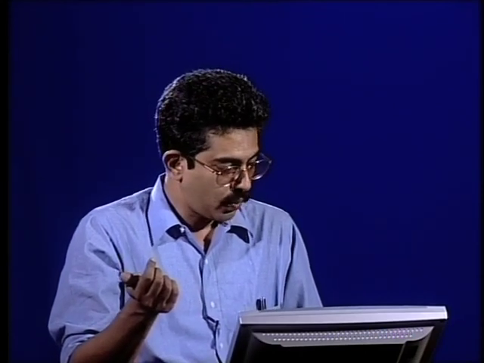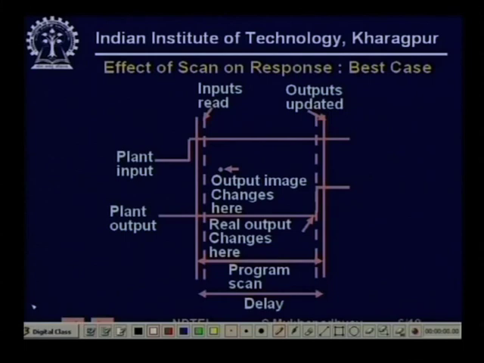We are first looking at the best case. Remember that the plant input can change at any arbitrary period of time, we cannot control that, right. So, suppose the plant input changes just before the inputs are read. Then immediately after it changes, it will be read, that is, this change will be reflected and will come to the processor IO image very quickly.